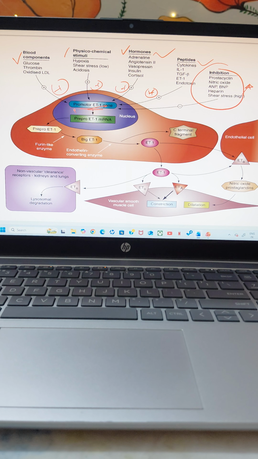If this gets stimulated, pre-pro-endothelin forms big endothelin, which is the intermediate, and which forms endothelin 1. As we have discussed earlier, endothelin 1 will act on two receptors, ETA and ETB.